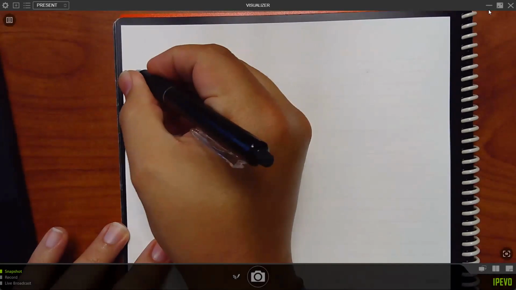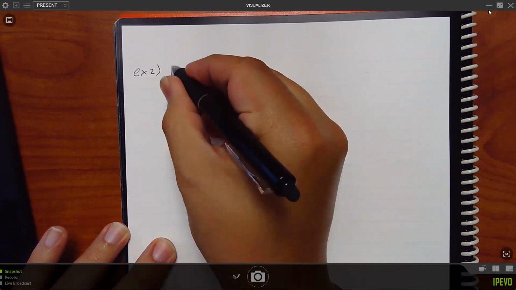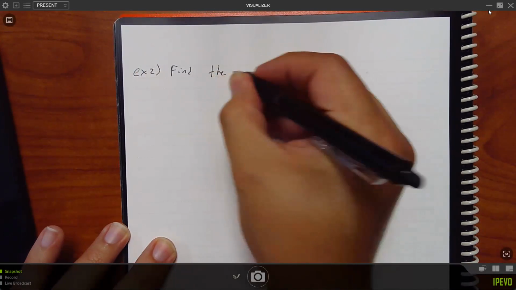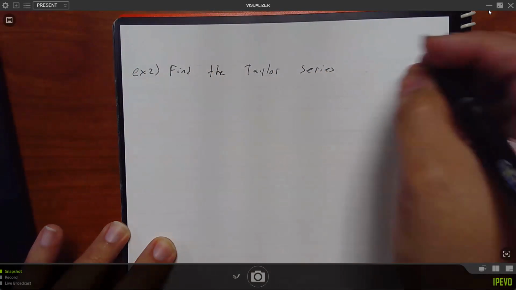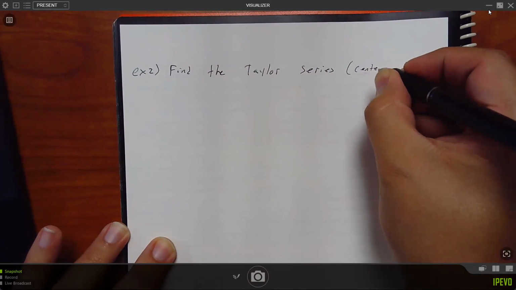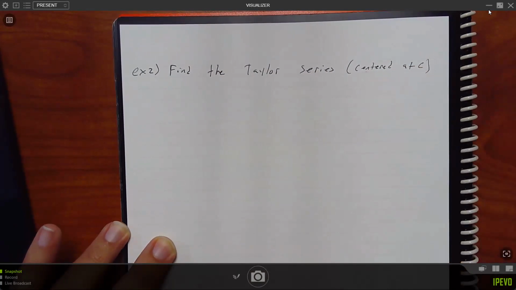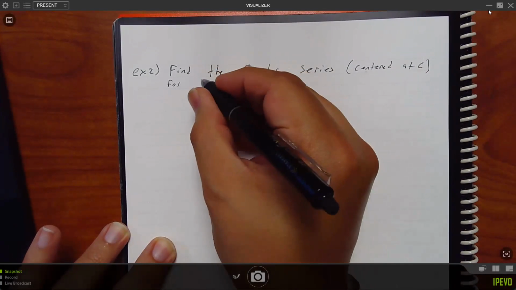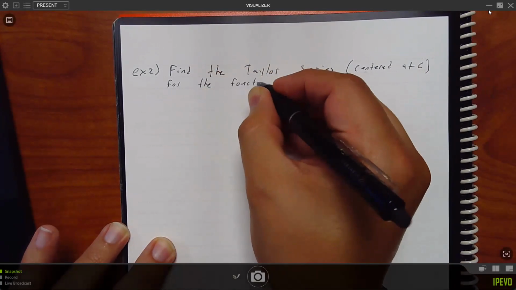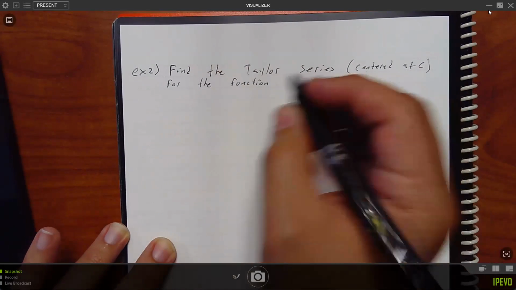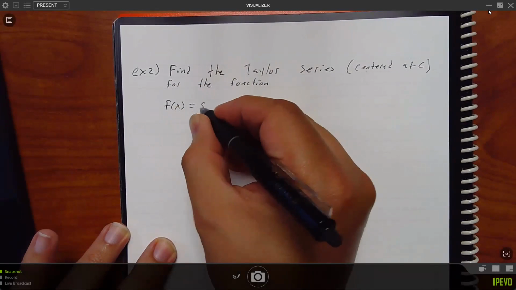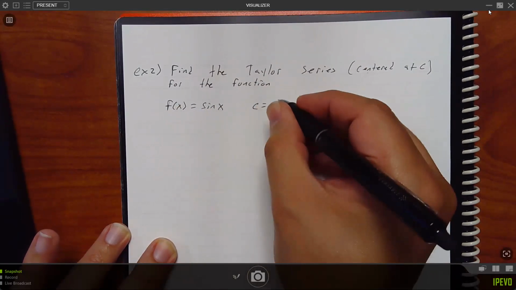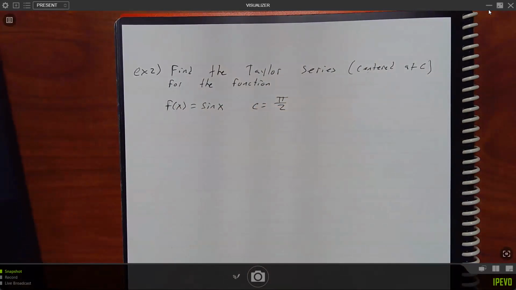So given sine, can you expand it into a series? Okay.